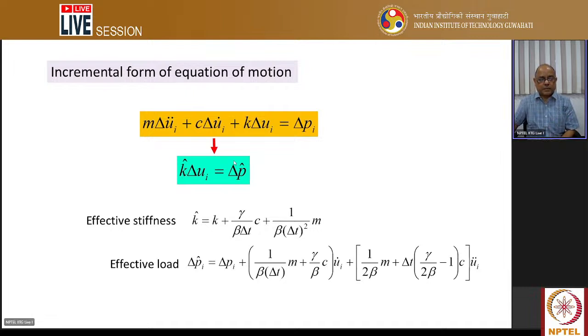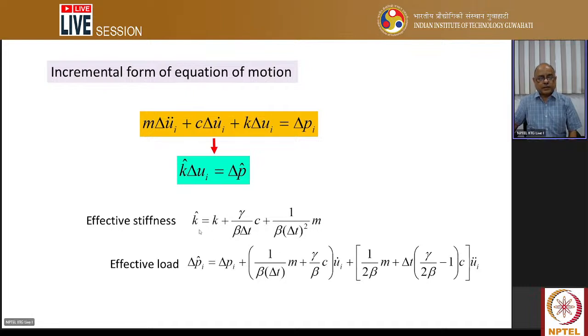Del P cap is the incremental effective load. Effective stiffness is defined as this parameter, where gamma and beta play an important role in this process. Gamma and beta are different for different methods. For the average acceleration method, gamma is 0.5, beta is 0.25, whereas for the linear acceleration method, gamma is 0.5, beta is 1 by 6.